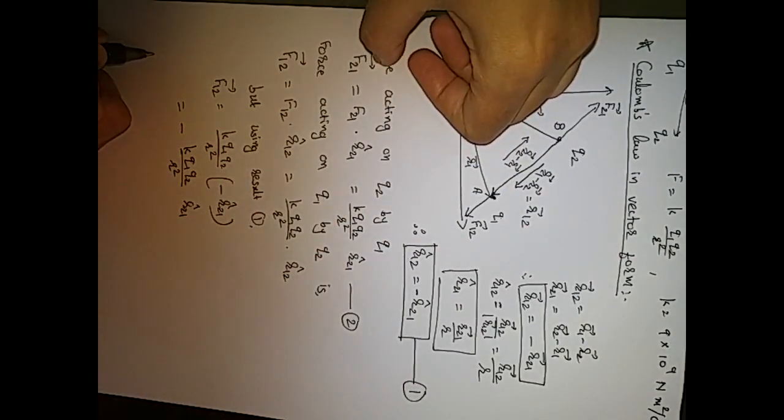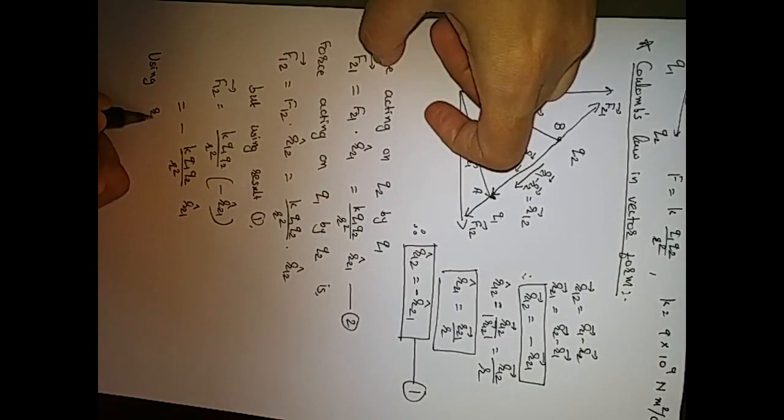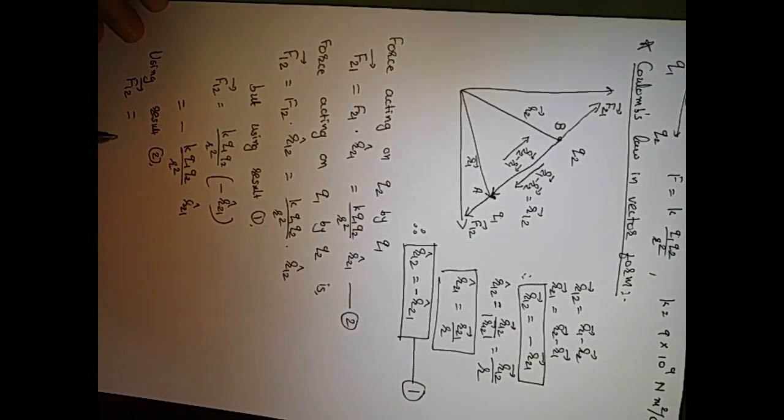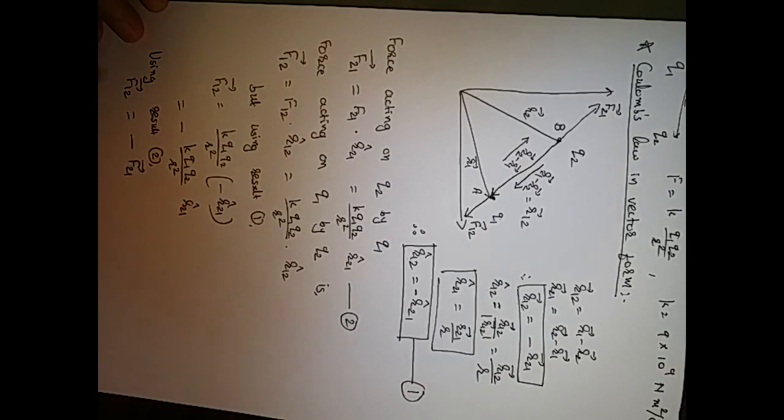So I can say that using result number 2, vector F12 equals minus vector F21. Now what does this result say? This result says that force acting on 1 by 2 and force acting on 2 by 1 have equal magnitude but opposite direction.